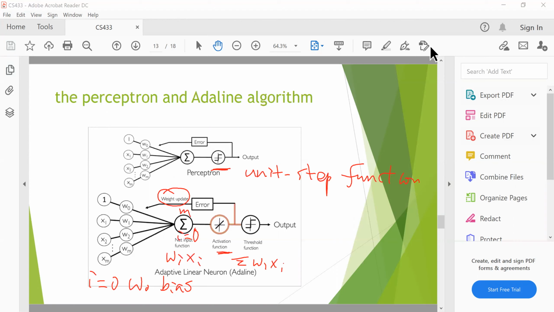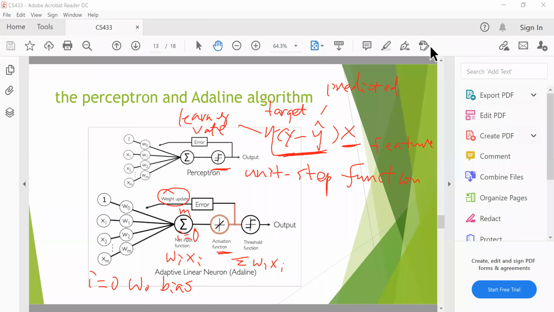So the weight update is not like the perceptron. The perceptron uses the difference between the target value and the predicted value, times the feature, and then we have the learning rate, to update our weight.